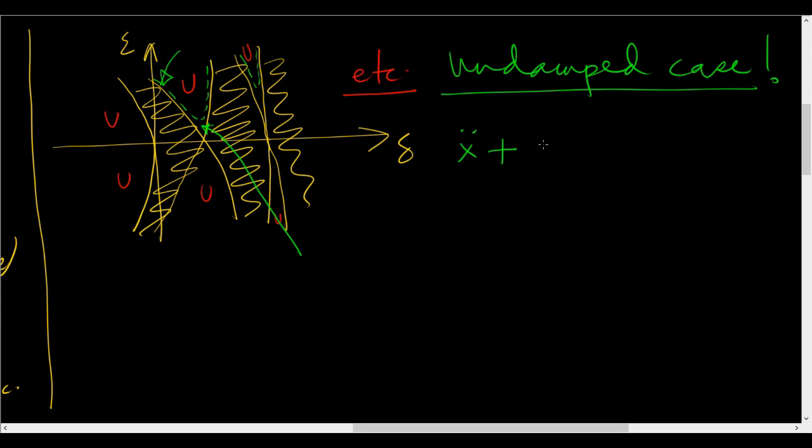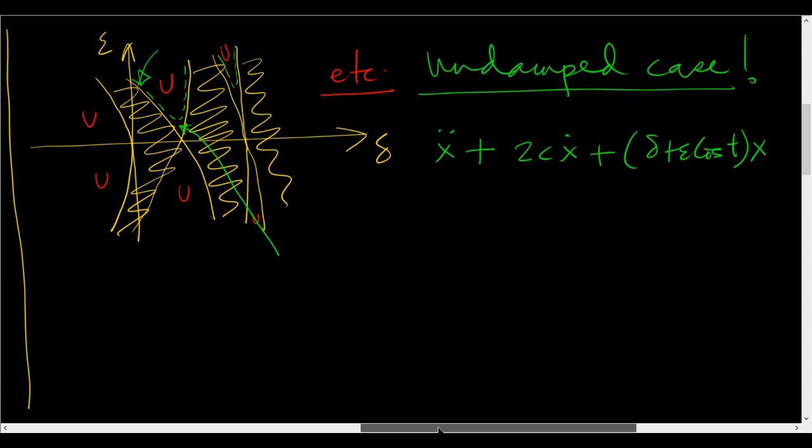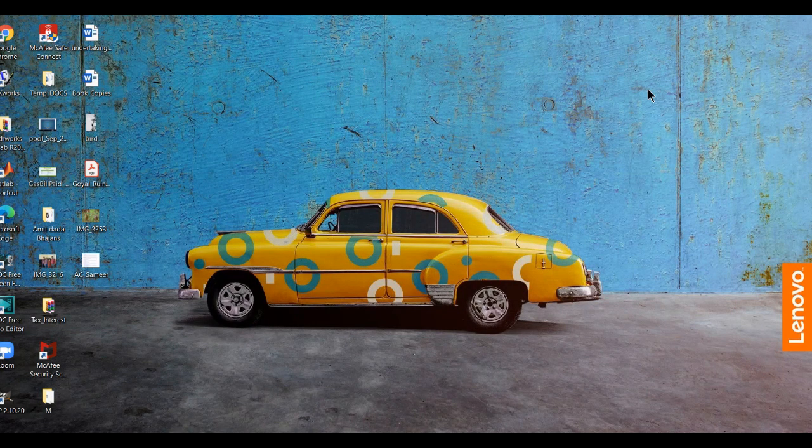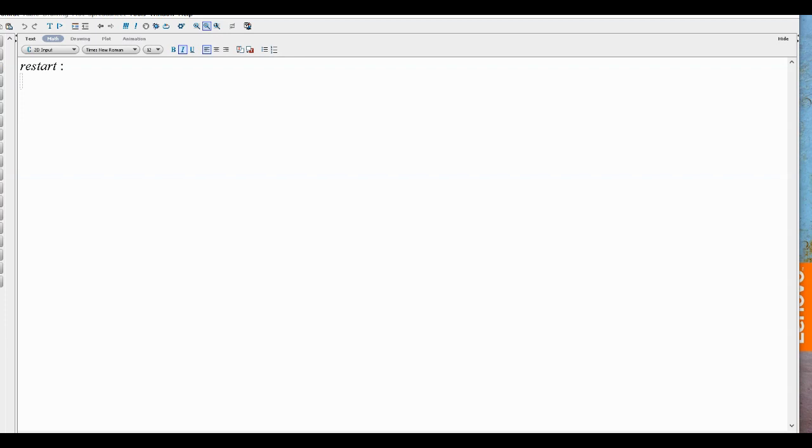So let us say x double dot plus 2c x dot plus delta plus epsilon cos t times x equals 0. Now for this problem there is actually a nice trick, and that trick is most easily shown in Maple because it will save time. So let me go to Maple now, and here I will say dE is equal to the derivative of x of t with respect to t twice plus 2 times c.